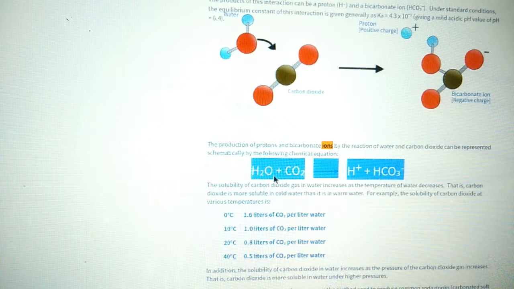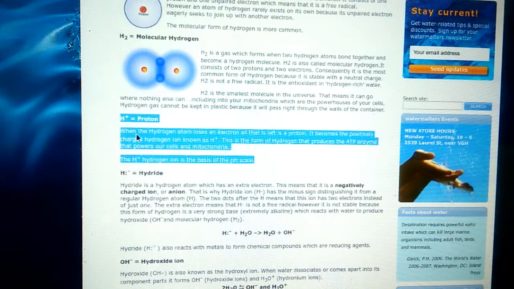You know what H2O is? It's water. And CO2 is carbon dioxide. It actually converts into H+. So H+ is hydrogen ions. It's positively charged ions.